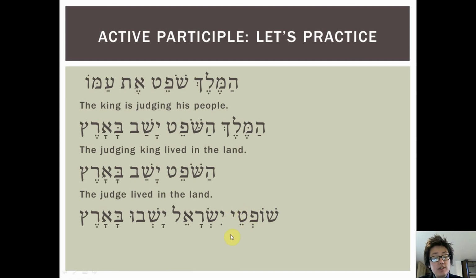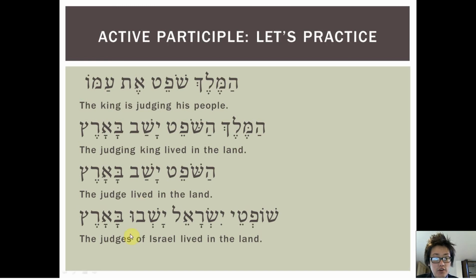Remember that we know this typically as the construct ending for the masculine plural noun, right? But that same rule applies to the masculine plural participles. So we might translate this sentence as: the judges of Israel lived or dwelled ba'aretz, in the land.